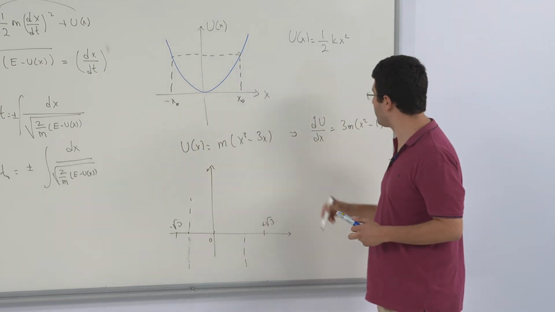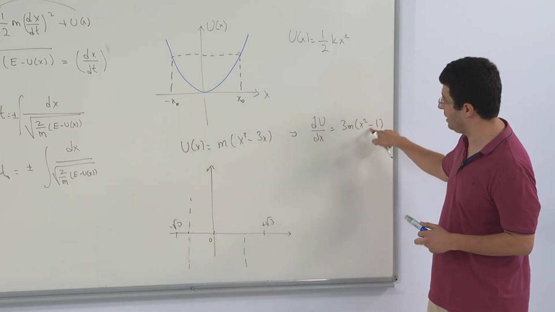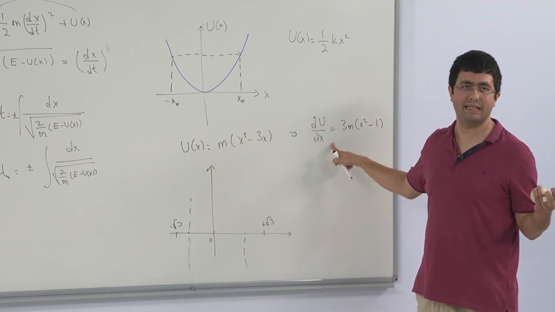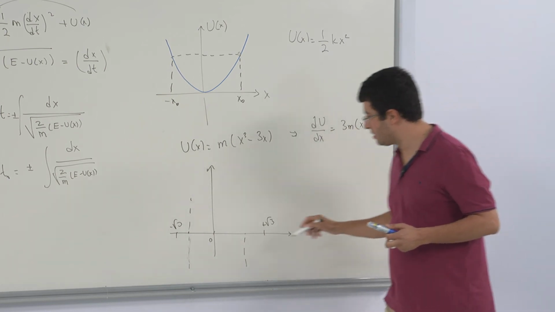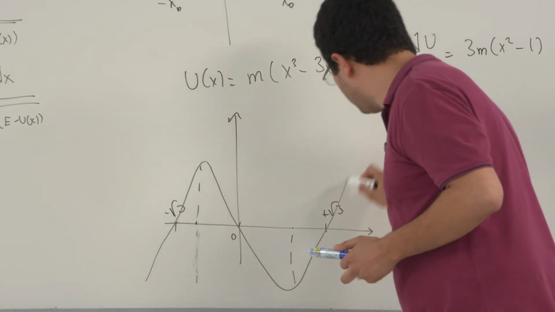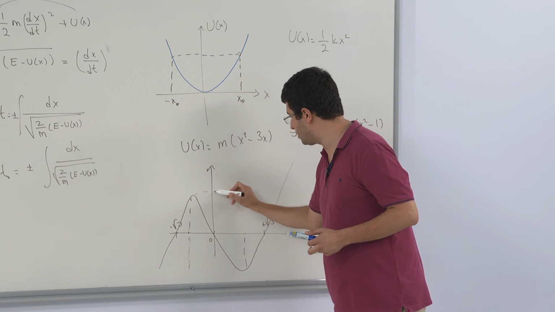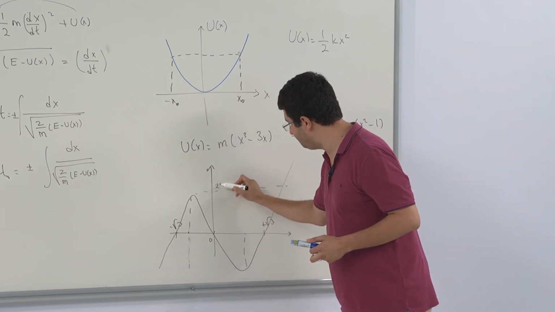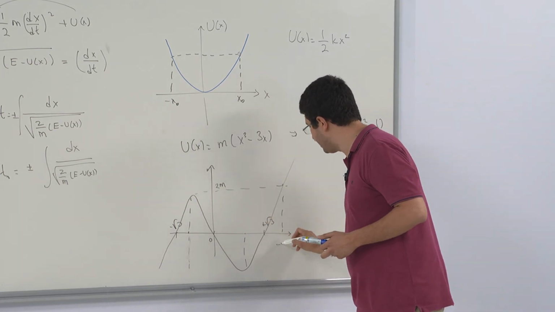There is no net force acting on the system, because at x equal to plus or minus 1, dU/dx is 0, and thereby the force is 0. So I have a system something like this, where this happens to be 2m. And this point is plus 2.